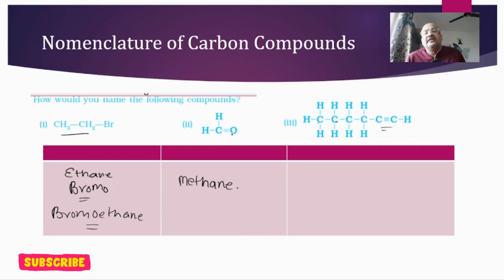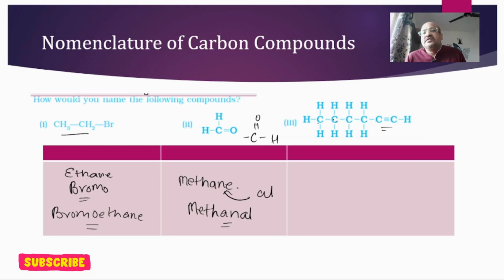It's aldehyde, H, right? The functional group is aldehyde. So aldehyde comes as what suffix? So Al will be there and it will replace this E. So this is my methanal.